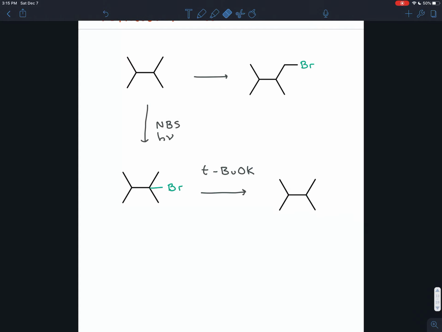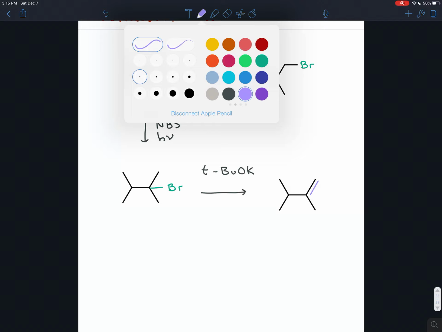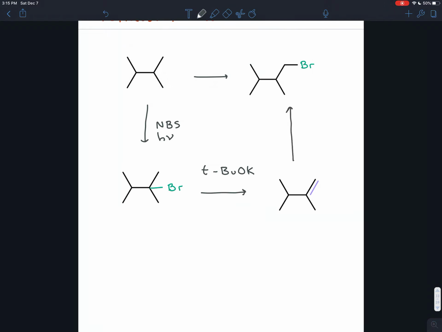In other words, we'd form a pi bond toward the carbon where the bromine is attached. So now we just have to think about how we can get this alkene that we have now to that alkene with the bromine that we want there.